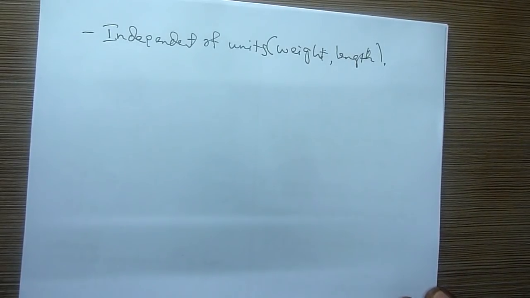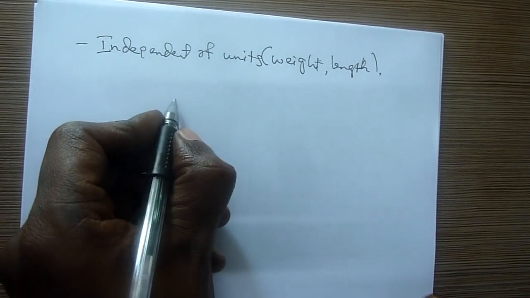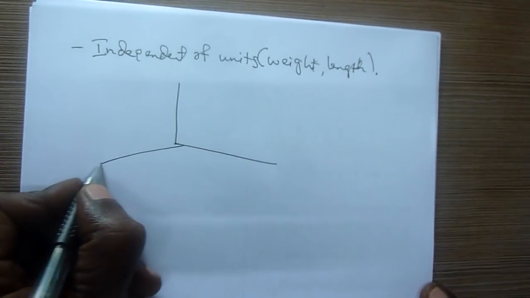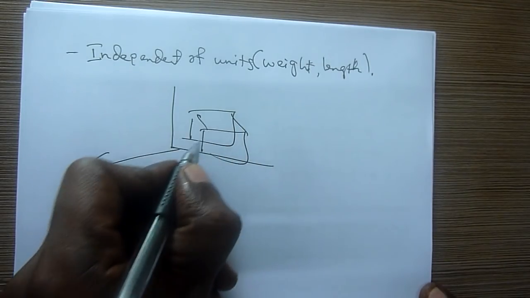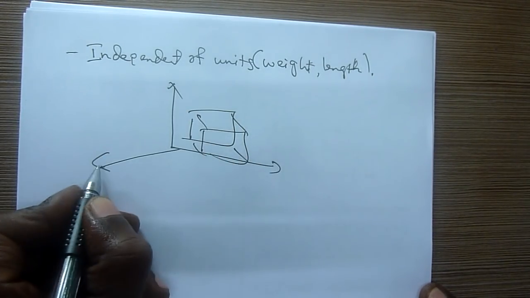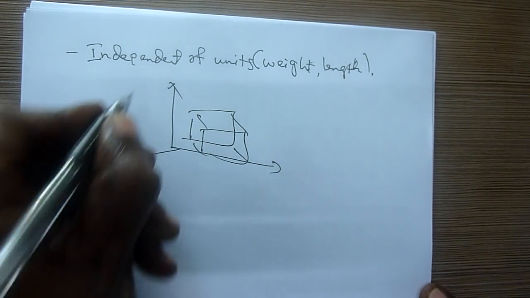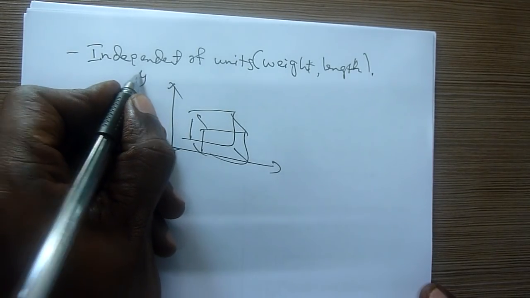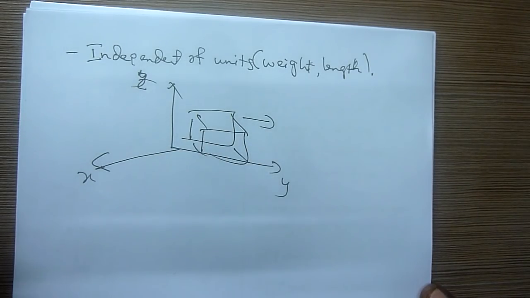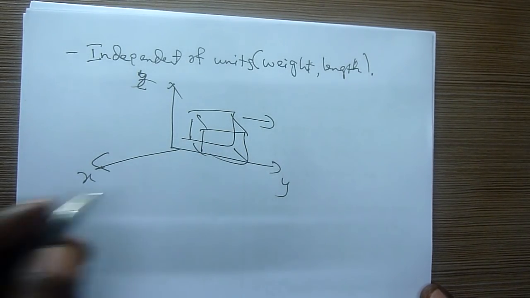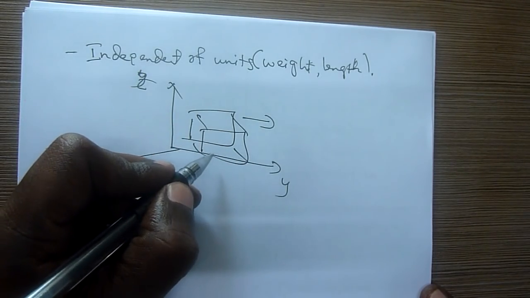Because of this, we are now able to see the object in any coordinate system x, y, z, and see the direction of a particular object.